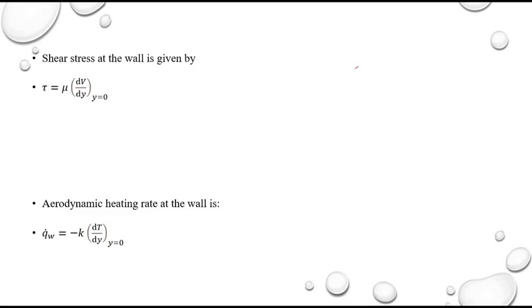Basically, at the wall of any surface, whatever the slope of the velocity profile is, it is of prime importance. The reason being, it governs the wall shear stress, which is denoted by tau.